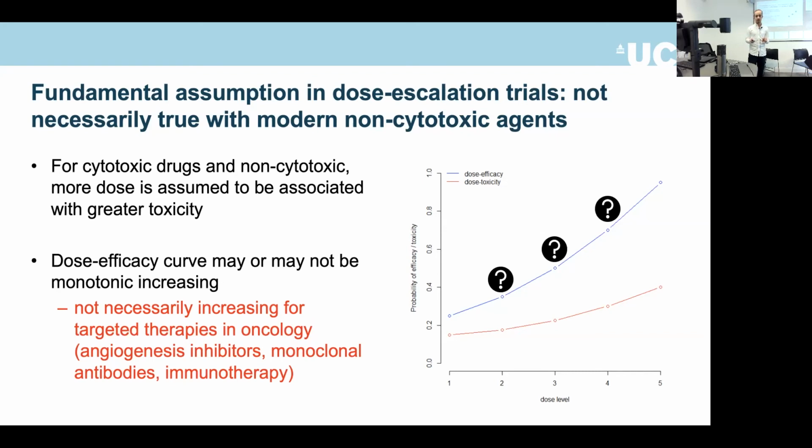It is a reasonable assumption, and this is noticed in practice in oncology trials. However, when it comes to the dose efficacy curve, it may not be true that it is monotonic increasing. And this has been seen with monoclonal antibodies. I'll discuss that in the next few slides.